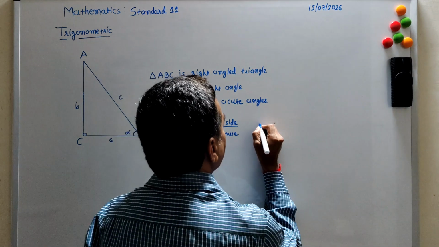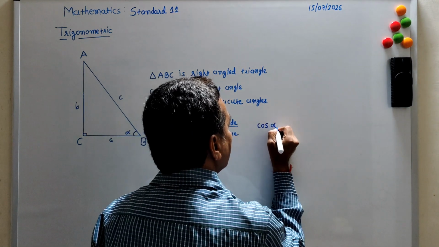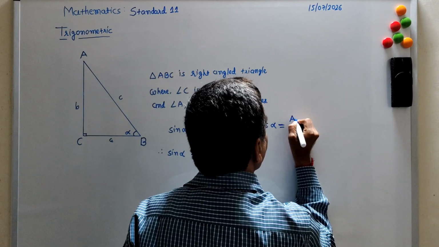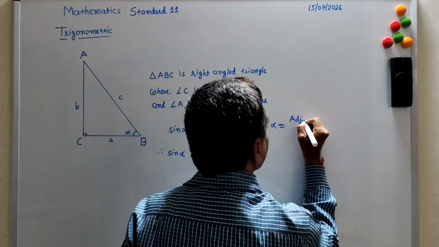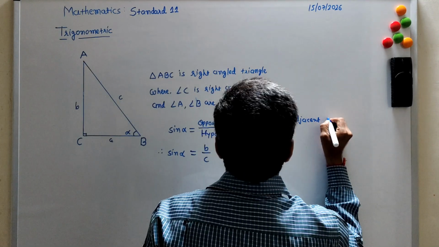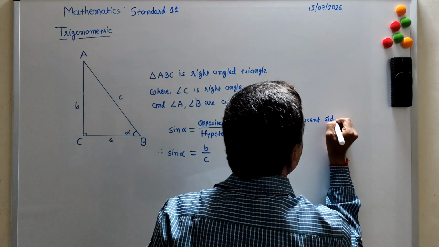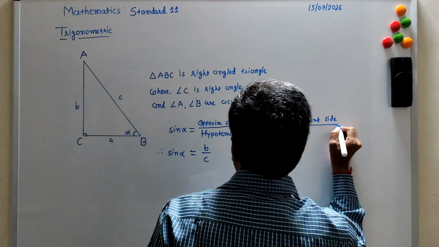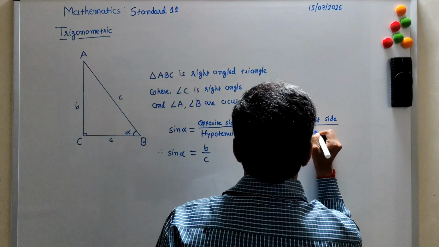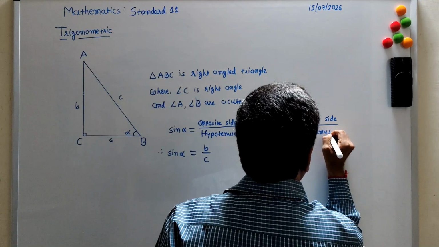And cos alpha is equal to adjacent side divided by hypotenuse.